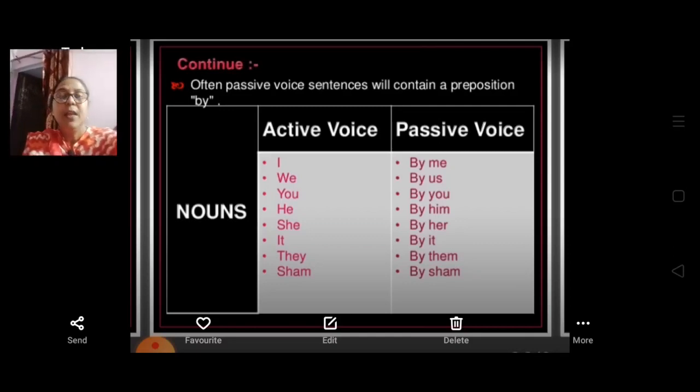Now often a passive voice statement will contain the preposition by. So we often use by to make passive voice.